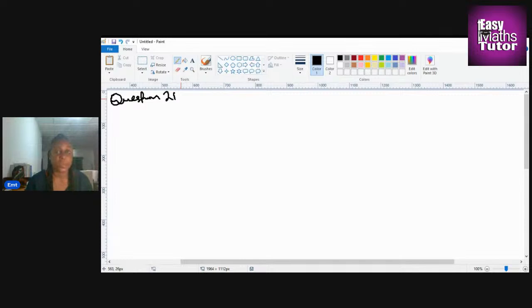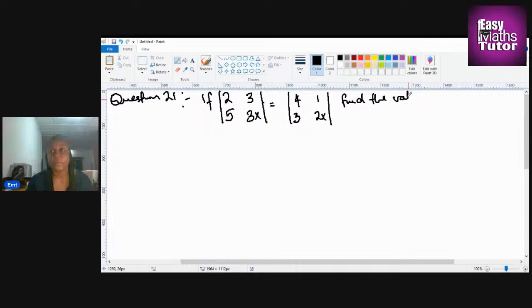This is a matrix problem. If the matrix 2, 5, 3, 3x is equal to matrix 4, 1, 3, 2x, find the value of x.